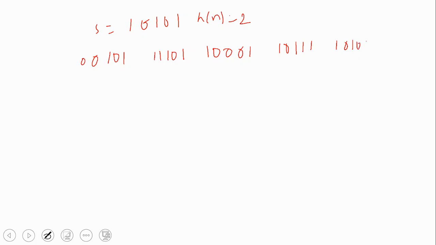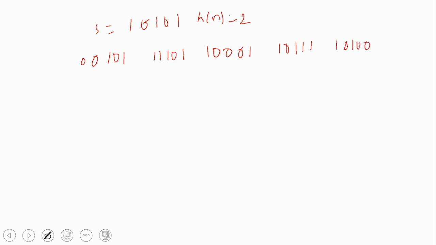So h of n for this is 2. The neighbors are obtained by changing bits. First, if I change the first bit, 0 0 1 0 1. Next, changing the second one, 1 1 1 0 1. Third bit, 1 0 0 0 1. Next fourth, 1 0 1 1 1. Next fifth, 1 0 1 0 0. These are the neighbors we get for the start.